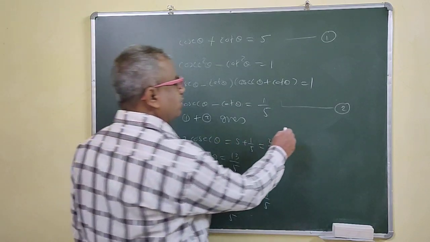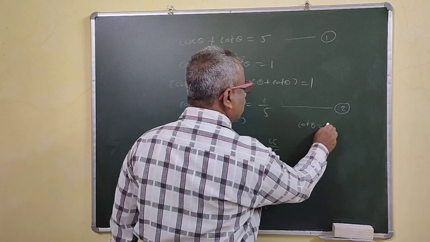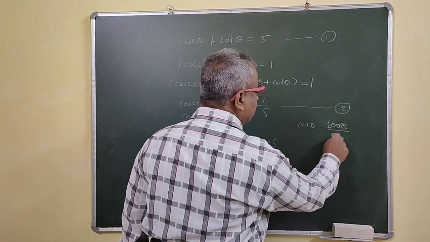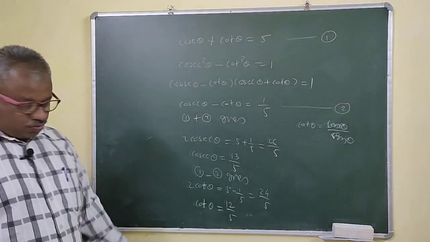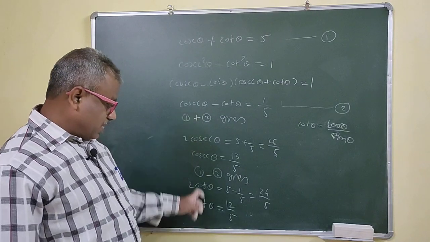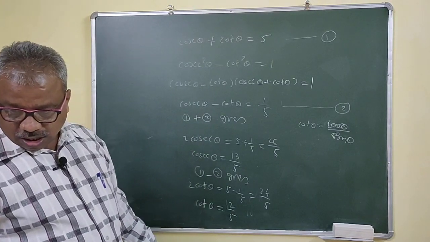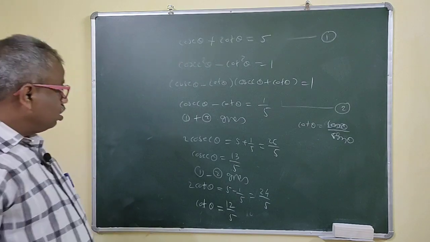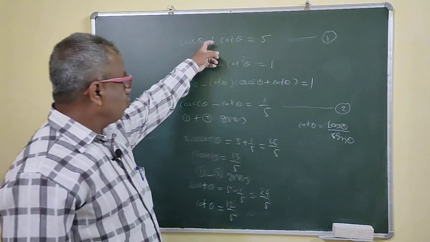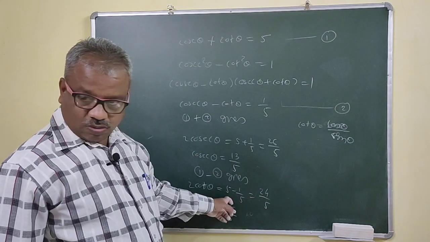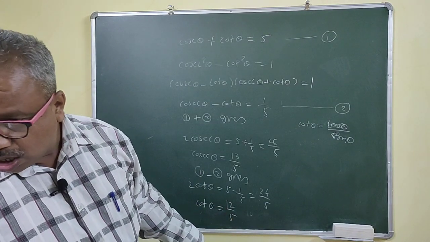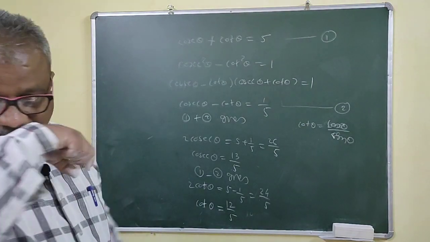Okay, so cot theta is equal to cos theta upon sin theta. You want cos theta, and you have the values of cot theta and cosec theta.